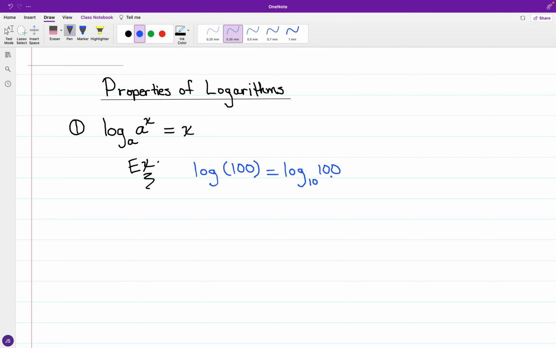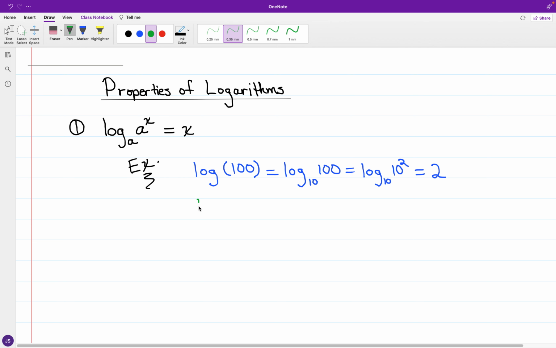So the base a is 10, and I can write 100 in terms of base 10, since 100 is both a multiple and an integer power of 10. 100 is 10 squared. In this framing, in the base a log of a to the x, a is represented by 10 and x by 2. So the base 10 logarithm of 100 is equal to 2.